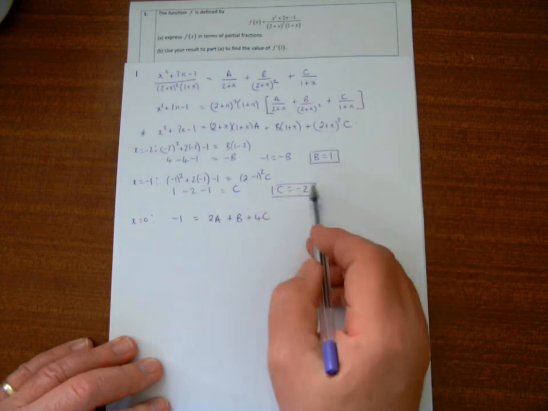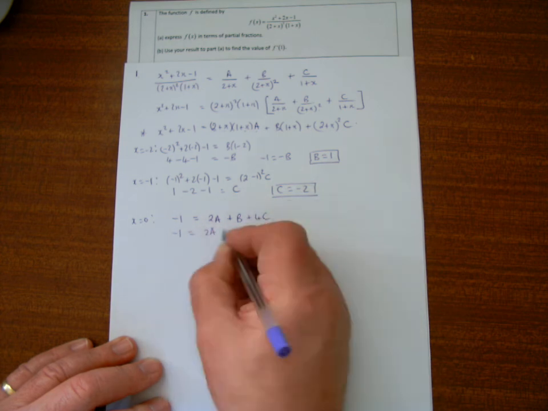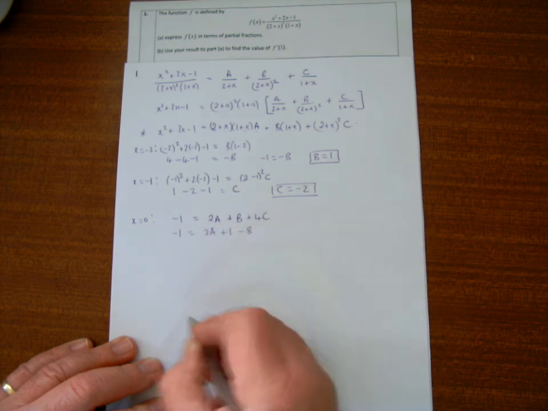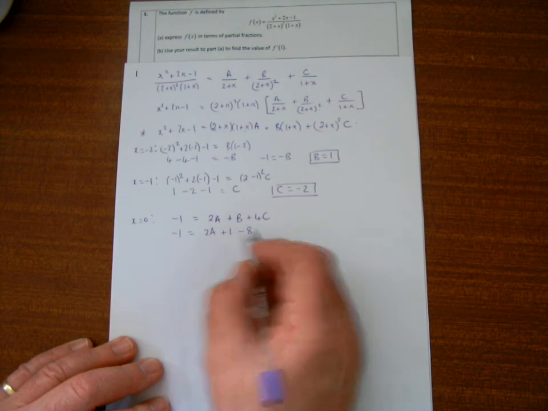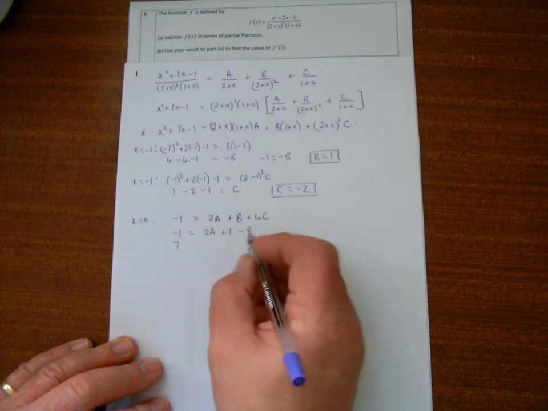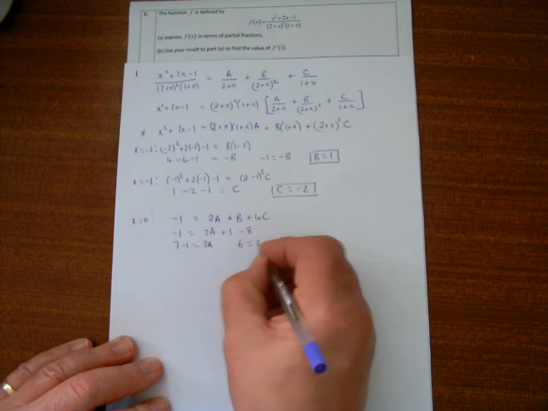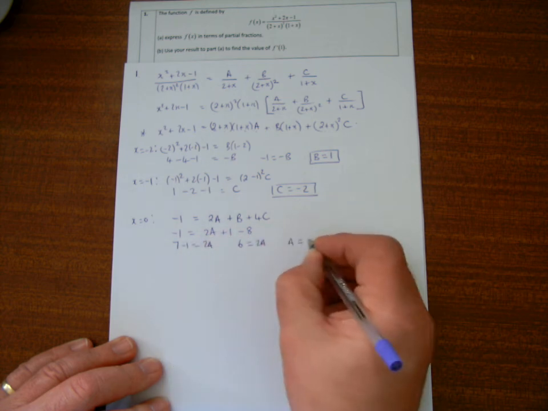Now I got the value of b and c, so I sub those in, so minus 1 is equal to 2a plus 1 minus 8. So take that over, so that's minus 7, goes over as positive 7, so that's 7 minus 1 is 2a, 6 is equal to 2a, so a is equal to 3.